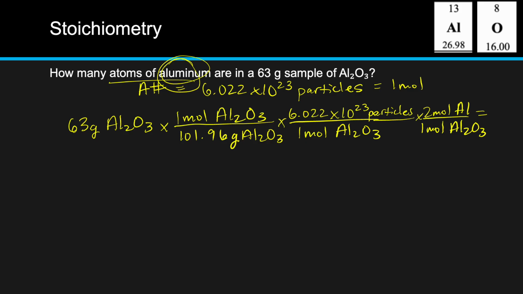So now I can go ahead and solve. 63 divided by 101.96 times 6.022 times 2. So that gives me 7.4 times 10 to the 23rd atoms of aluminum.